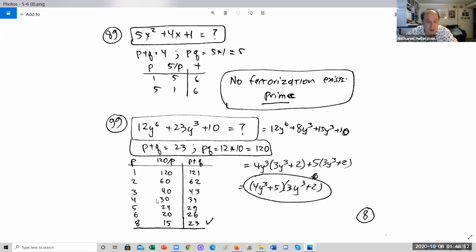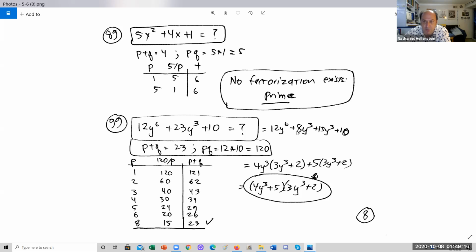If p is 8, then 120 over p is 15, and these do indeed add up to 23. So that's what's required. I'm going to write this 23y cubed as 8y cubed plus 15y cubed. So this expression equals 12y to the 6th plus 8y cubed plus 15y cubed plus 10.